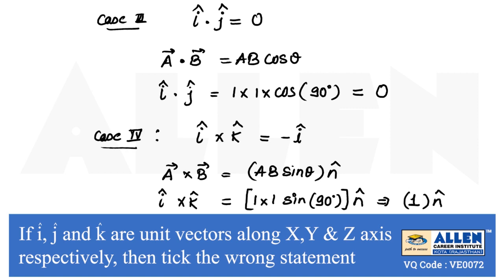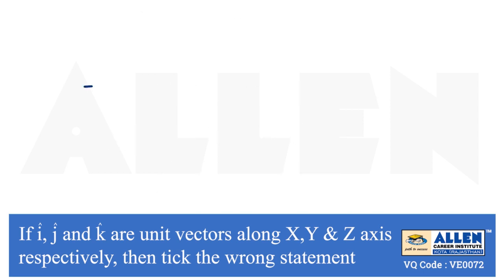Now we will find what n cap will be. For that we will use the right hand thumb rule again, and we will look at the diagram. So here this one is the x-axis, this one is the y-axis, and this one is the z-axis. So here we are representing three different axes, the x-axis, y-axis, and z-axis. Along the x-axis we have a unit vector written as i cap, the y-axis as j cap, and the z-axis as k cap.